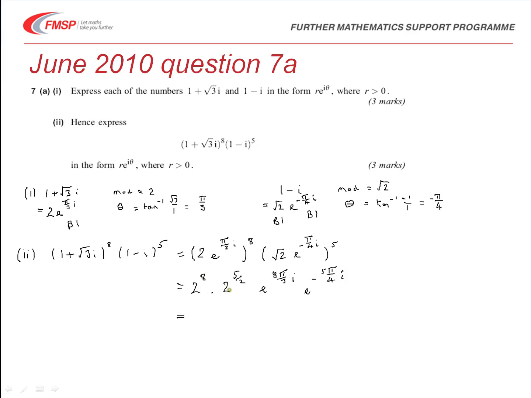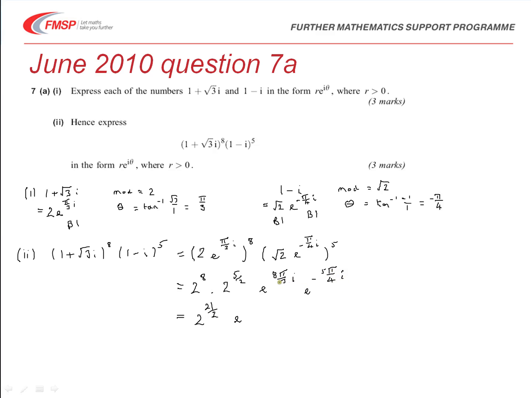So we've got 2 to the power of 8 times 2 to the power of 5 over 2. So we can add those powers. Well, 8 is 16 over 2, and 5 over 2 and 16 over 2 gives us 21 over 2 for our modulus. And then for the argument, we've got to subtract the 8 pi over 3i minus the 5 pi over 4.